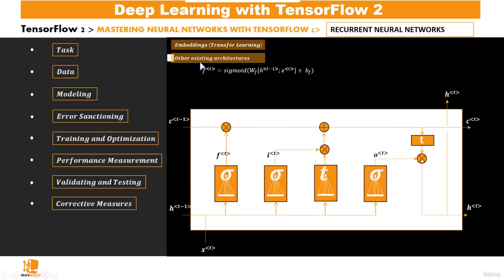We have Ft, which is the sigmoid of WF. WF here is the weight matrix of the forget gate. So we have this weight matrix multiplied by the concatenation of the previous hidden state and the current input xt.